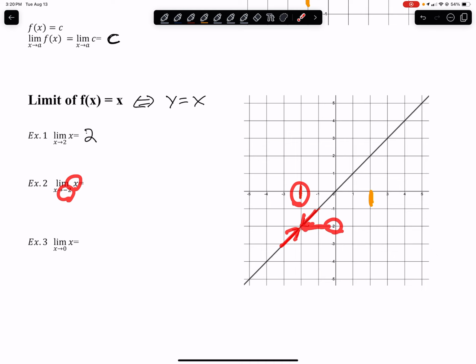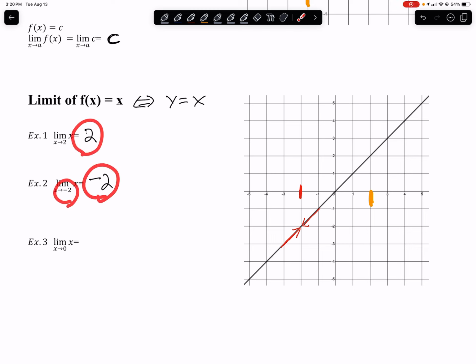That's the y value from left and right. Oh, sorry, negative 2. The y value here is negative 2. So that's negative 2. I will put negative 2. And so I think you see a pattern here. When you approach 2, the y value approaches 2. When you approach negative 2, the y value approaches negative 2. Since y equals x, whatever x you're approaching, y is going to approach that also.